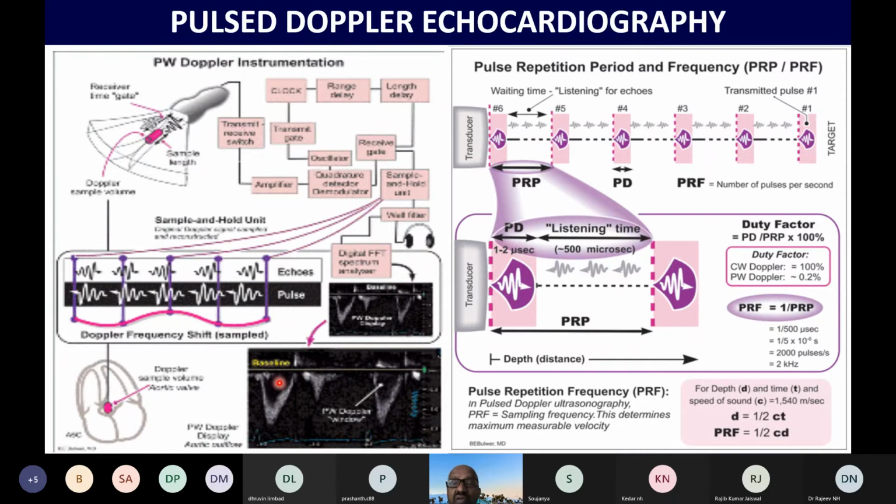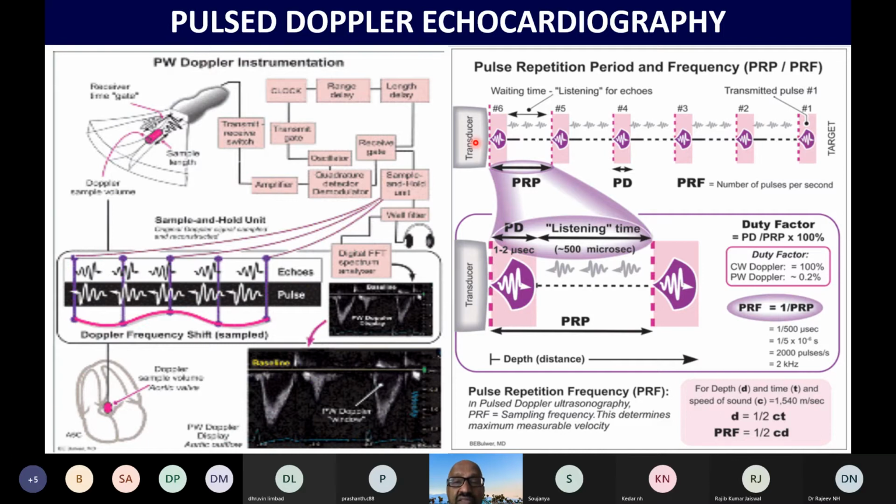The pulse wave Doppler instrumentation is shown here, but what we are interested in is what is called the pulse repetition frequency, which is the number of pulses per second. So this is the transducer and this is the object we are trying to interrogate.